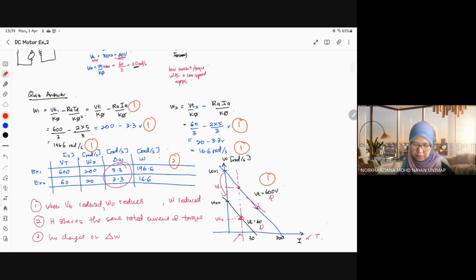For findings, related findings, 1 mark, 1 mark, 1 mark. So total 1, 2, 3, 4, 5, 6, 7, 8, 9, 10, 11. We make this 2. 12 marks maximum.